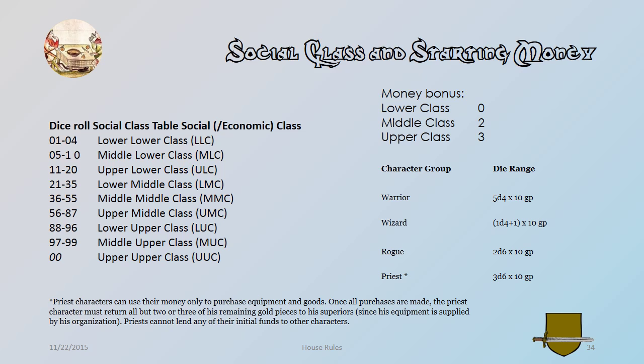You have the lower class, middle class, and upper class, that's really what we're focused on. If you're lower class, you don't get any type of bonus. If you're middle class, you multiply your starting money by 2, and if you're upper class, by 3.